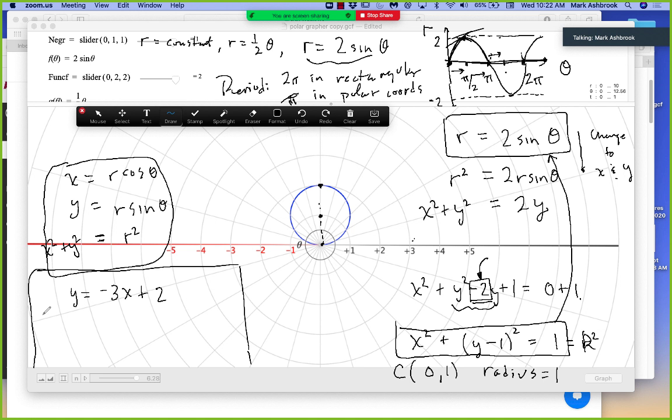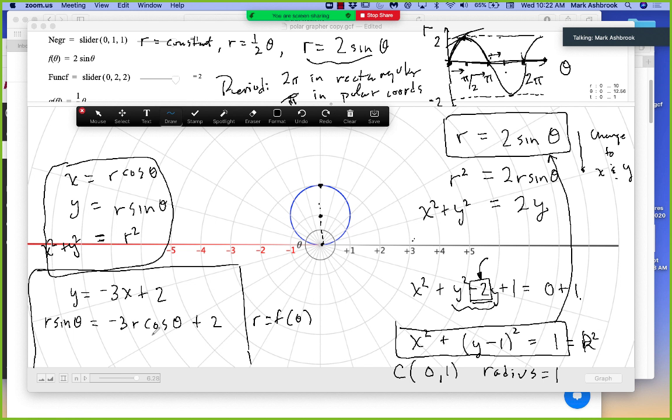So what is y equal to? R sine theta. X is? R cosine theta. And so what am I looking for? R as a function of theta, which means I want to solve for r. Get r on the left and all thetas on the right.